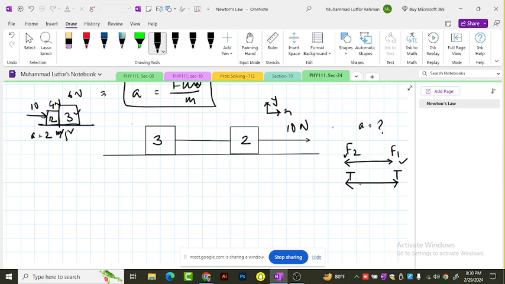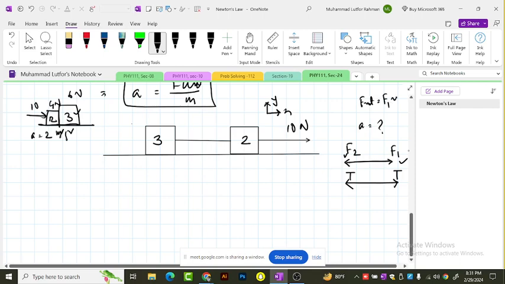Otherwise, if the forces are not equal, you will find some net force, and net force divided by mass, which is zero, then the acceleration of this system is going to be infinite, right? Because let's say if F1 is not equal to F2, then you will find some net force, which would be F1 tilde F2.